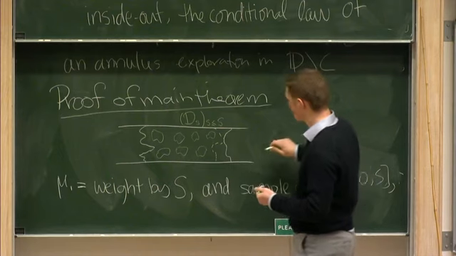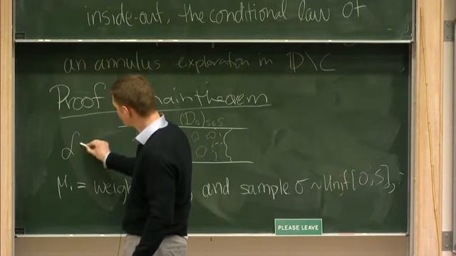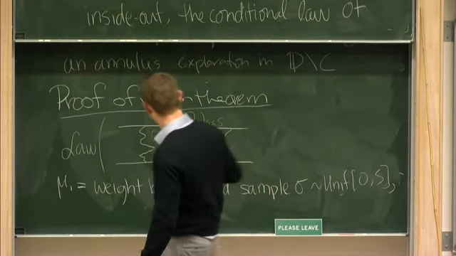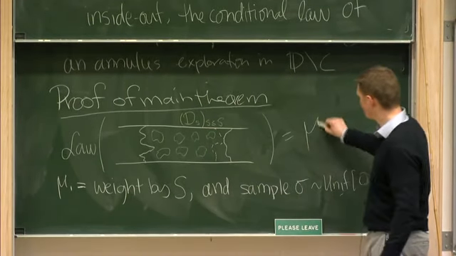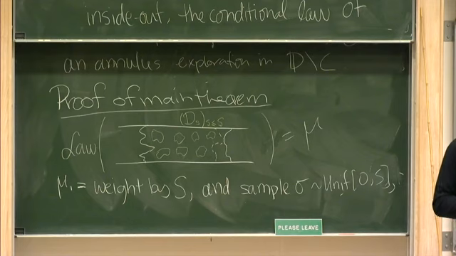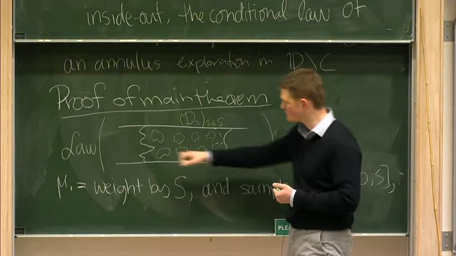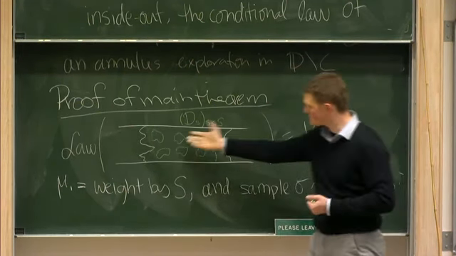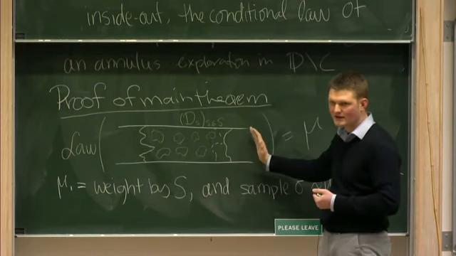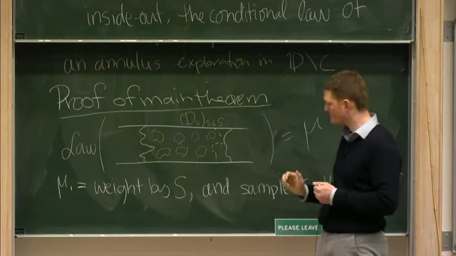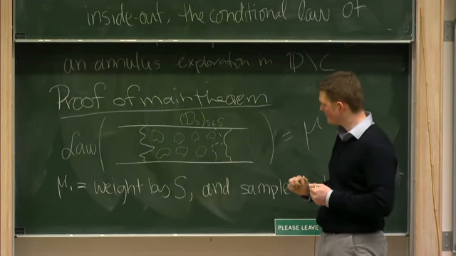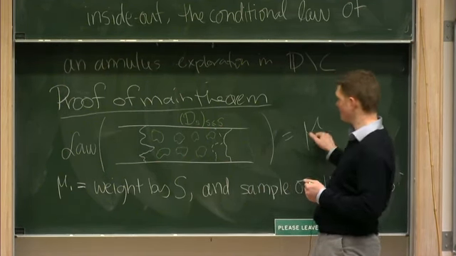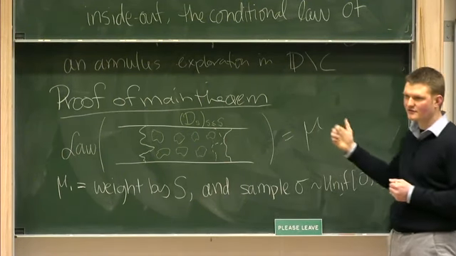It's on just this annulus of loops or the whole cylinder? So maybe I'll call mu the law of this picture. Again, I just took a stationary loop, then explored the region to the right using a regular disk exploration process, and that's it. So this is just the law of an exploration process to the right of the stationary loop.